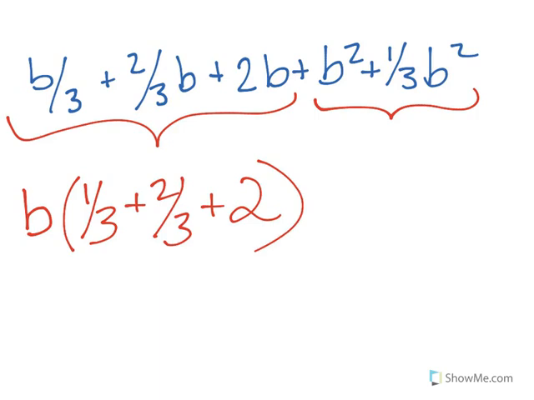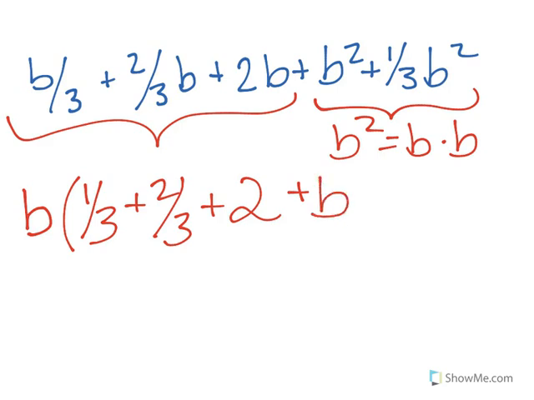And then here, as you might know, b squared is actually b times b. And we could add it to whatever is inside this parenthesis as plus b, because we took out one of the b's and we are left with b by itself, and then plus b over 3.